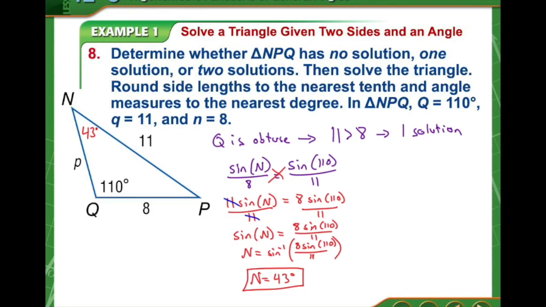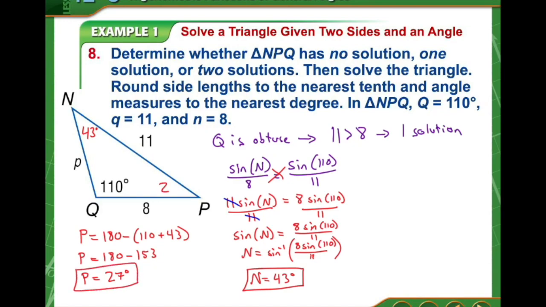So now we have 2 out of 3 angles. We can find angle P. So angle P is going to be 180 minus the sum of the other two angles. So 180 minus 153. Ironically, it's also 27, like angle A was earlier. And now that we have all three angles, we have 2 out of 3 sides.